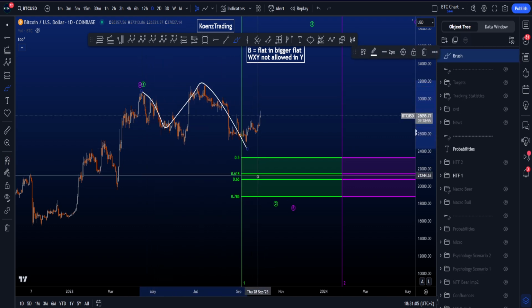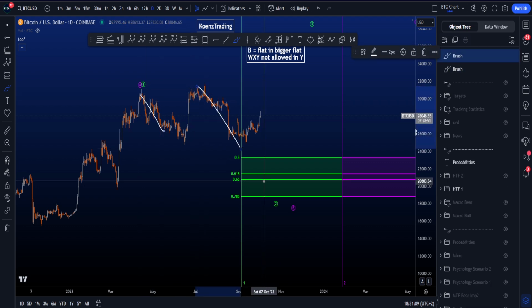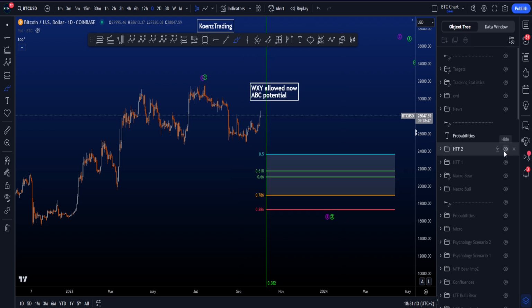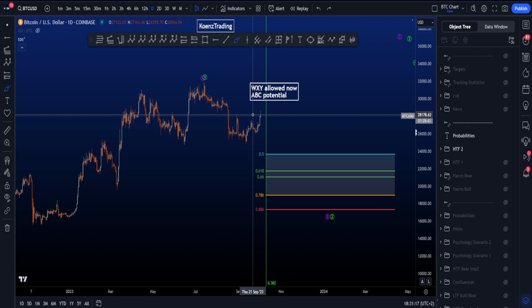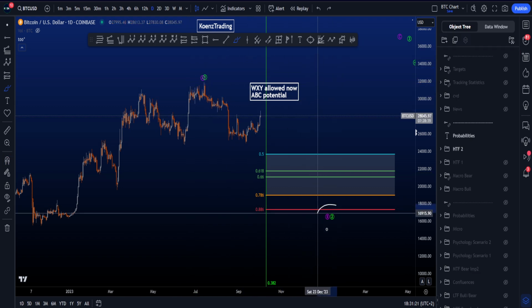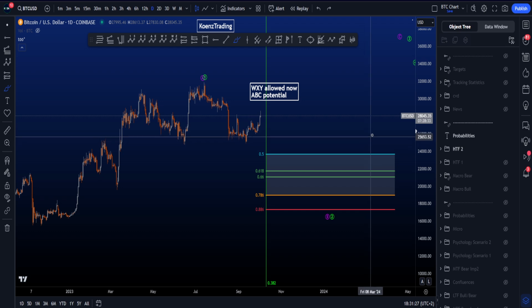A WXY, yeah, it is possible, but then W and X have the same structure, so a zigzag, which is not allowed. So eventually, the longer price is ranging over here, the higher the probabilities are for A or 1 to finish here, and then eventually we're still looking for a B or a 2 to the downside, extra support in this area, and then we can look for a bounce to the upside.